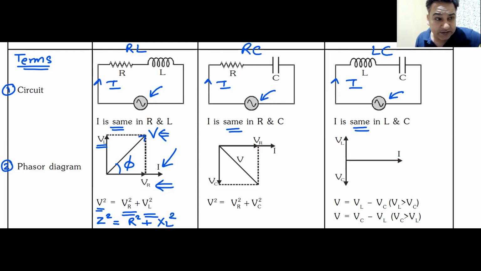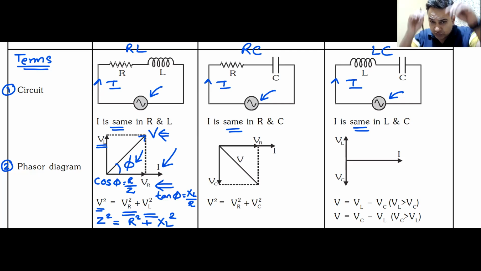As far as this phi goes, we have seen that the value of cos phi is always equal to R by Z. I hope all of you remember this. Tan of this phi will be equal to XL divided by R. I hope all of you understand this.